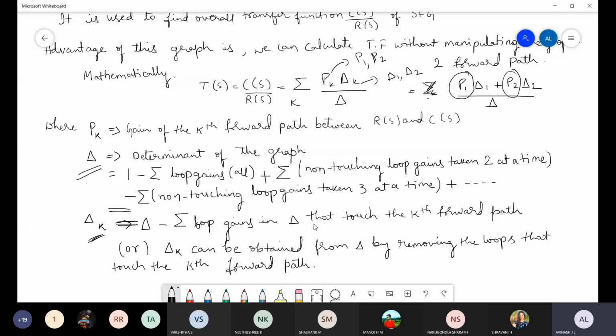So there, we already know what non-touching loops are, and how to take the non-touching loop gains. So by using that concept, we will find out the remaining things and we can complete finding the transfer function of a signal flow graph without modifying the signal flow graph by using the Mason formula.